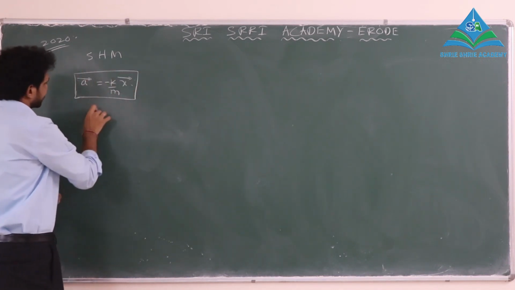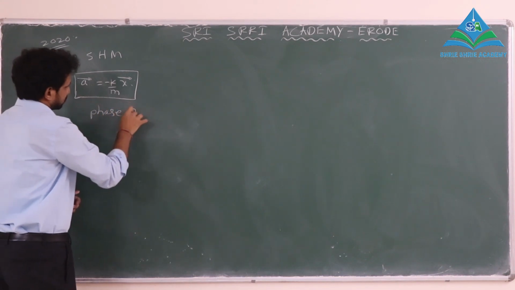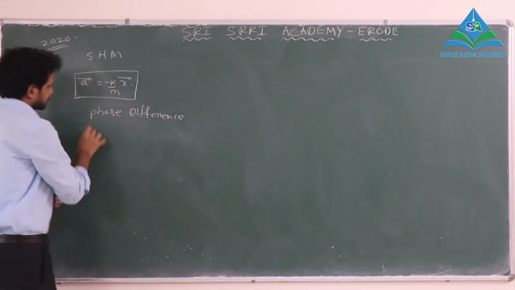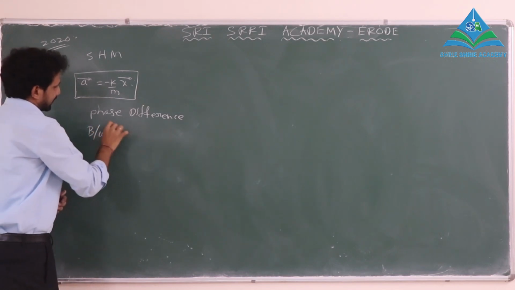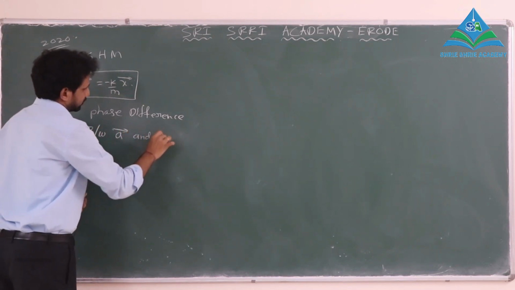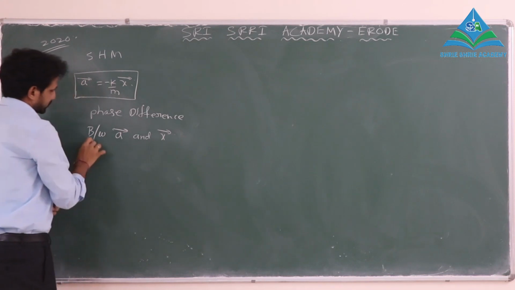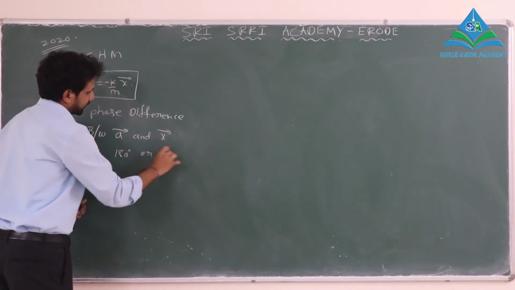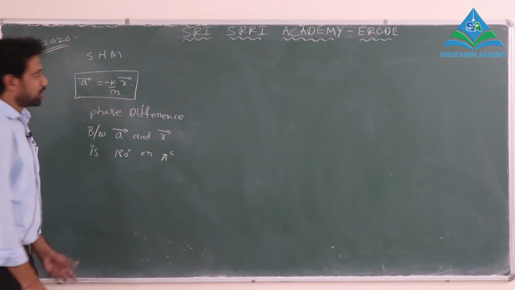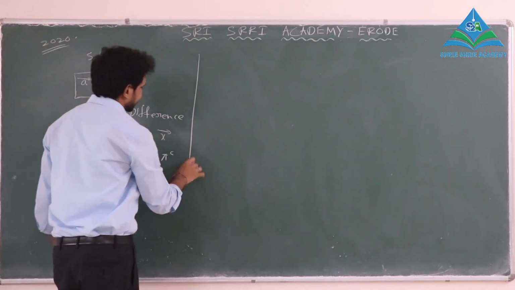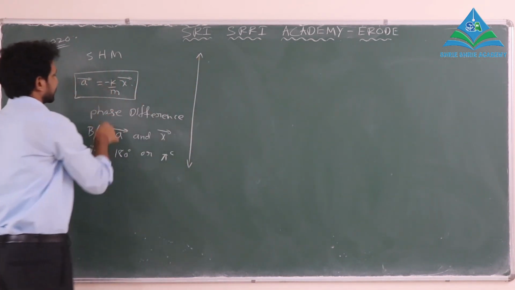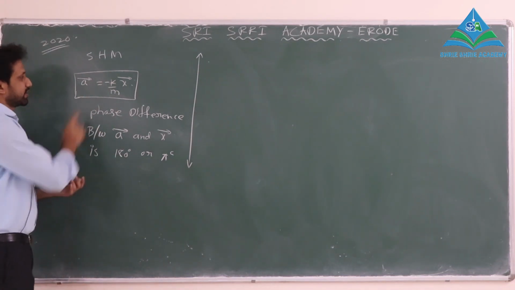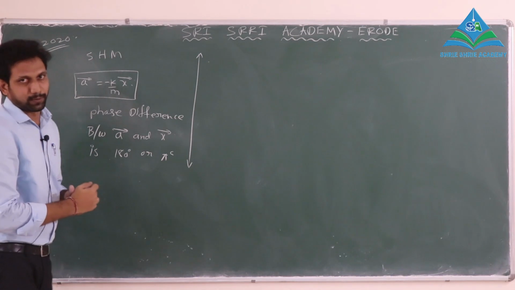The phase difference between acceleration and displacement is going to be 180 degrees or pi radians. By seeing this minus sign we can decide that. So within 10 seconds or less you can decide the answer and bubble it.